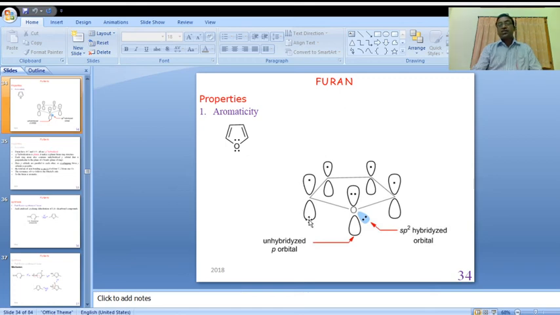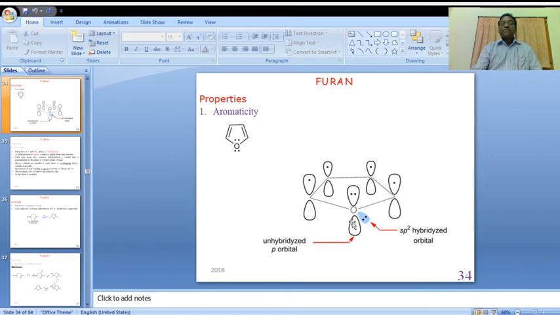On each carbon atom, the unhybridized p orbital carries a single electron, a lone electron. All the carbons: 4 carbons, 4 electrons.